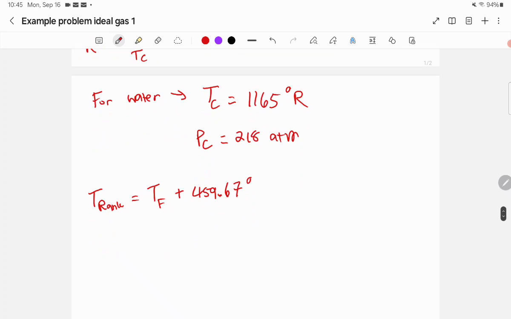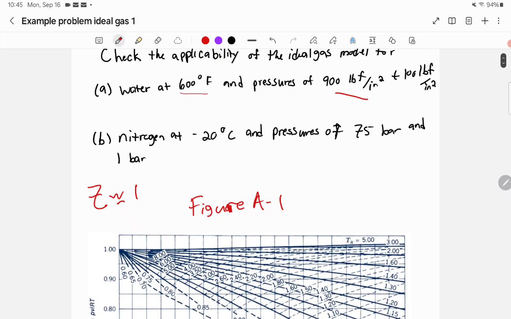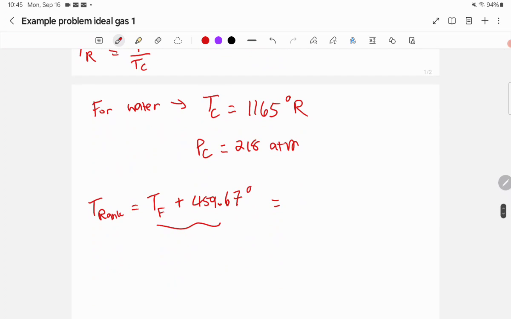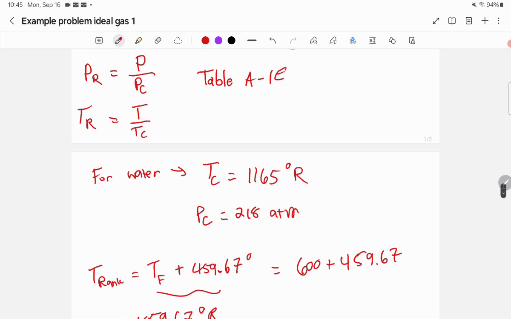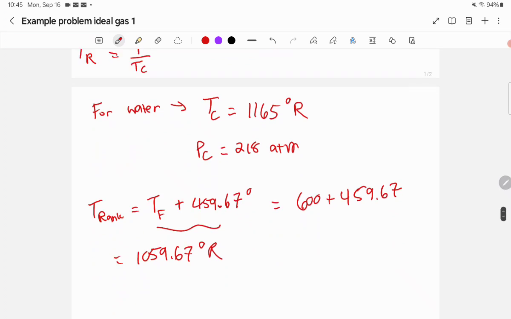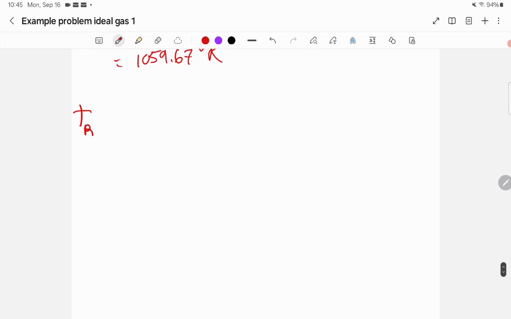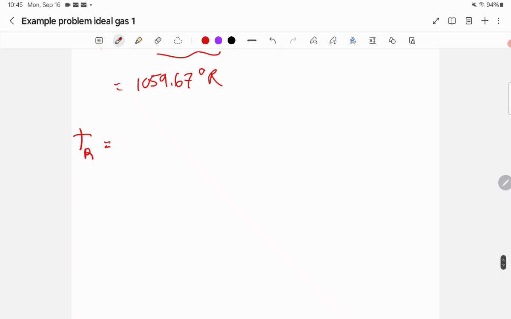So if we do that, the temperature that we were looking at, which was 600, is going to be 600 plus 459.67, which is equal to 1059.67 degrees Rankine.